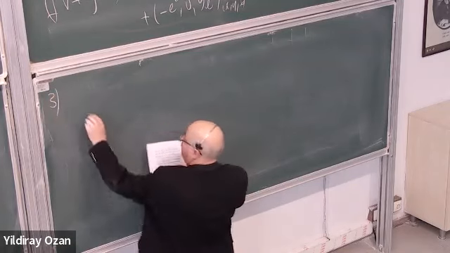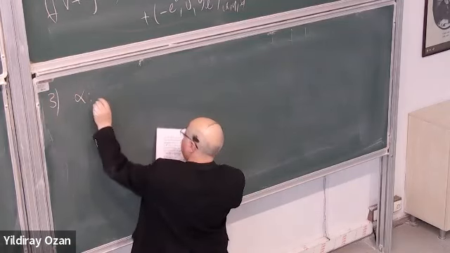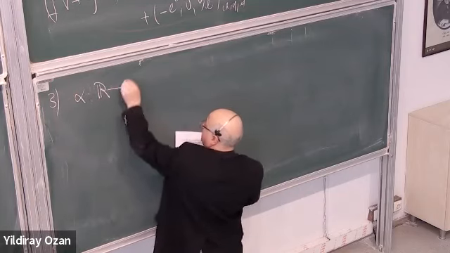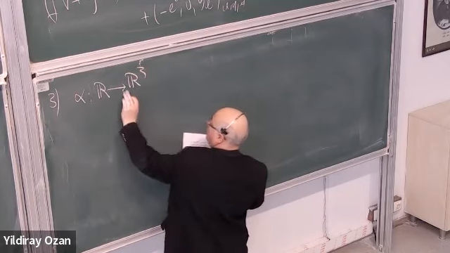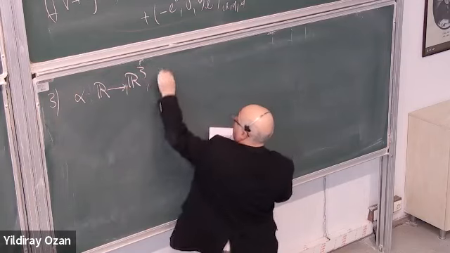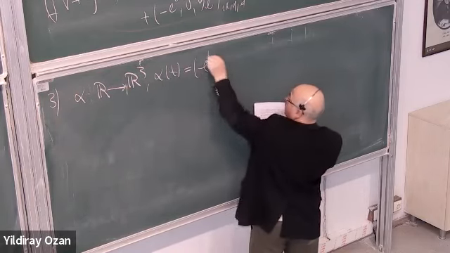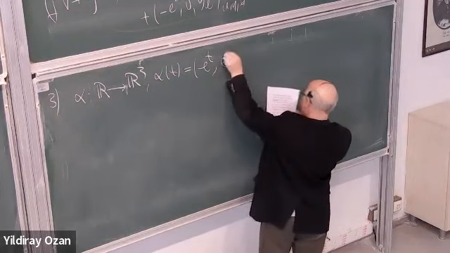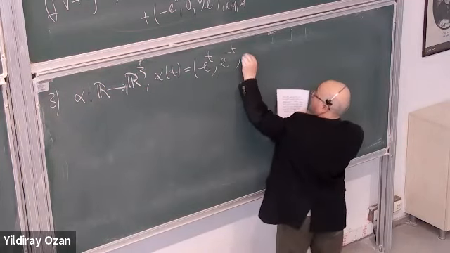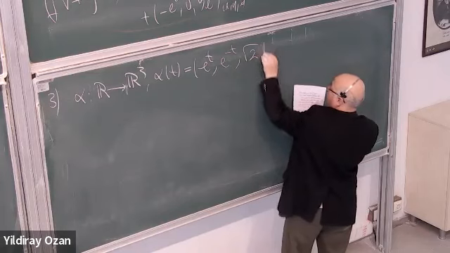Another example of a curve is this, given by e to the power t, e to the power minus t, and square root of 2 times t.